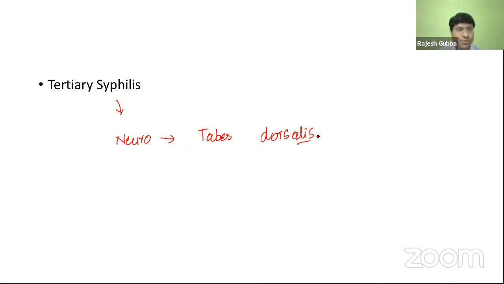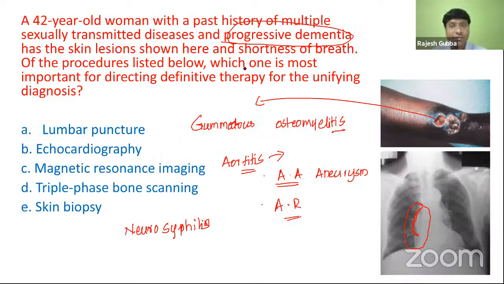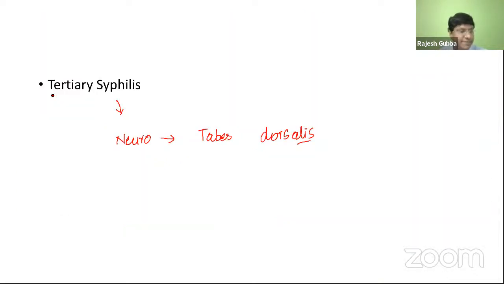Now, what is the question asked to you? Which one is the most important for directing definitive therapy for making the diagnosis? So remember, obviously in case of syphilis, you need to do the antibody testing. That is the FTA, the fluorescent treponemal antibody absorption test.